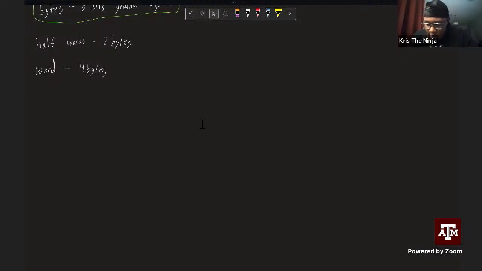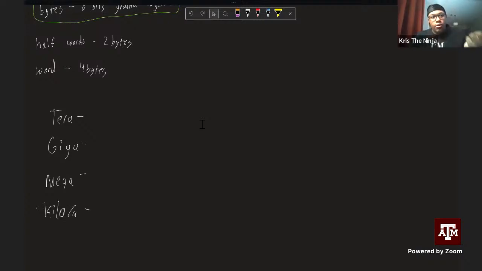So you have your prefixes. I'm just going to go down the list from largest to smallest that I can remember. You have Tera. I think Giga is next, then Mega. I'll draw their symbols next to them in a different color. You have Mega, then you have Kilo, or Killa, it doesn't really matter, it's technically Kilo.